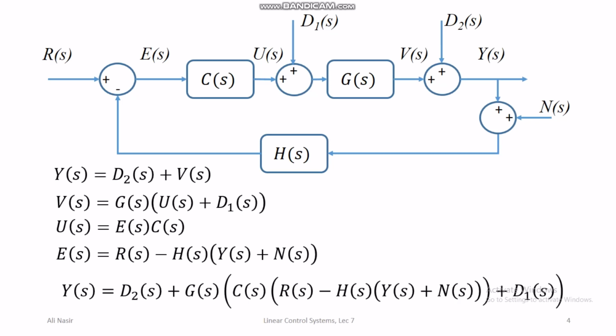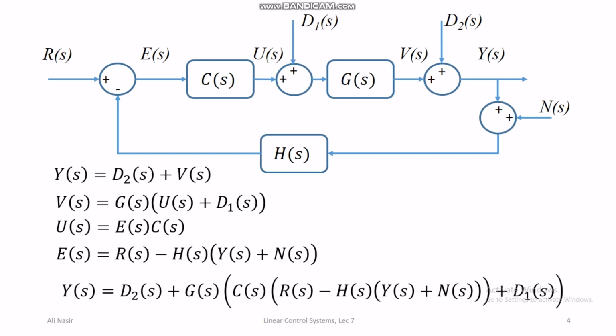This is a fairly complicated equation, but it is the expression for Y of S in the given block diagram. Still, you can see that there is a Y on the left hand side and a Y on the right hand side as well.